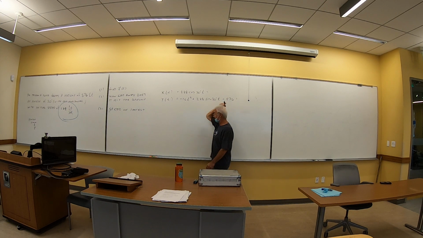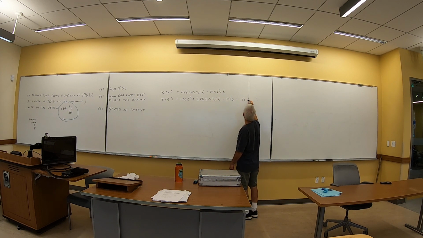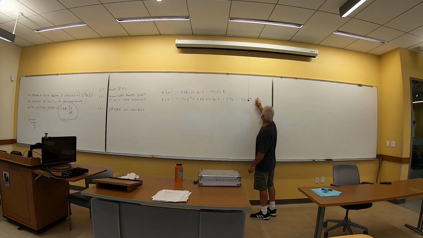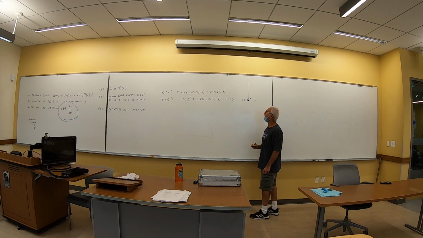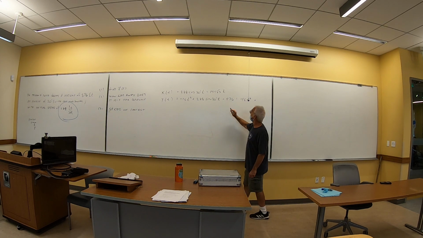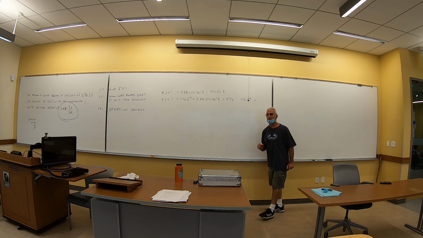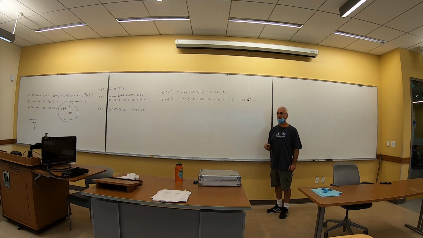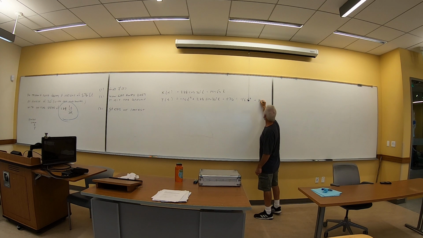So what is the first one? And that would be time, and this one, negative 16t squared plus 144t plus 576.